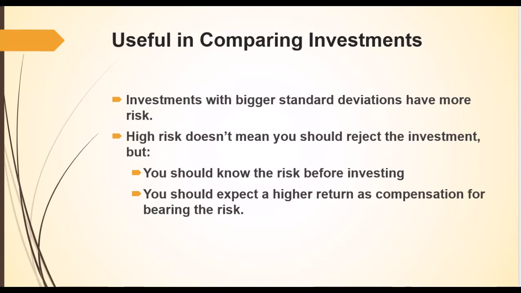So investments with bigger standard deviations should have more risk. High risk doesn't mean you want to reject the investment. You just need to know what that risk is and understand that you want to get paid a little bit higher for that asset over another asset with less risk.